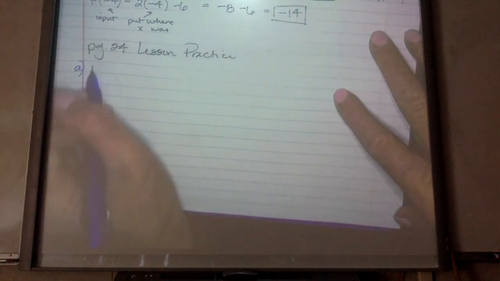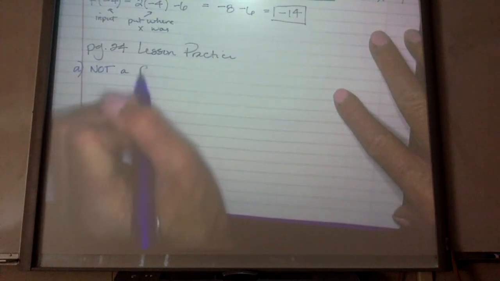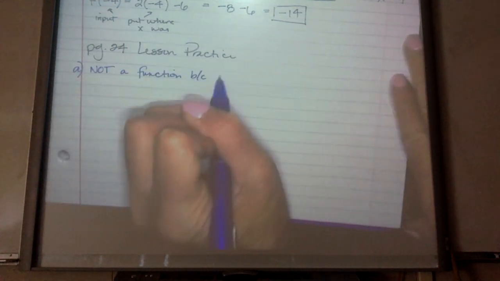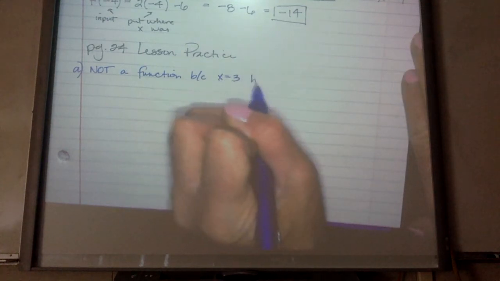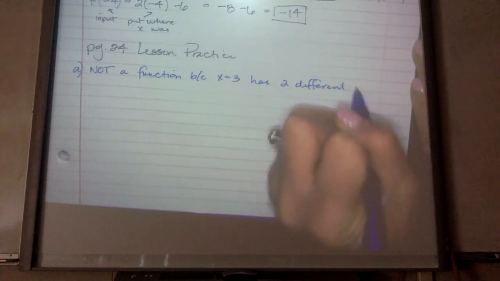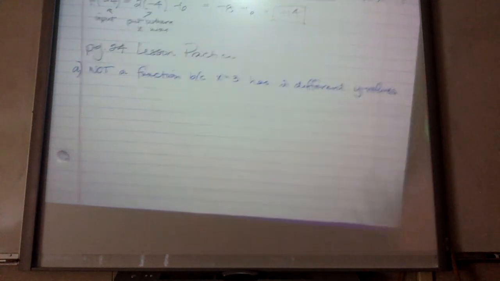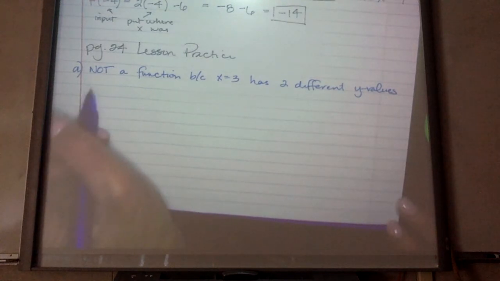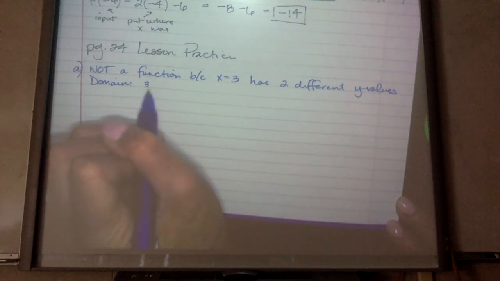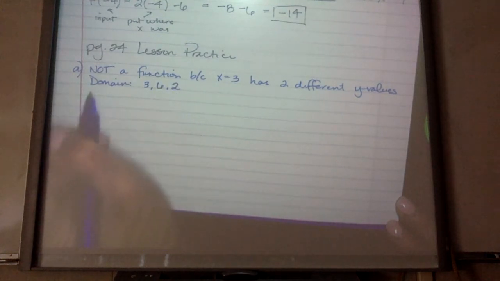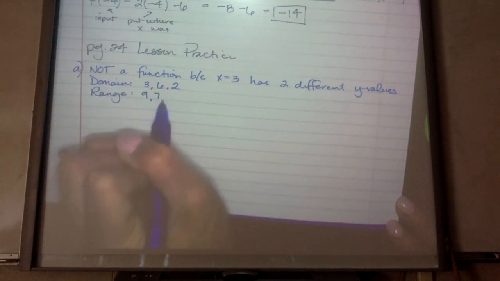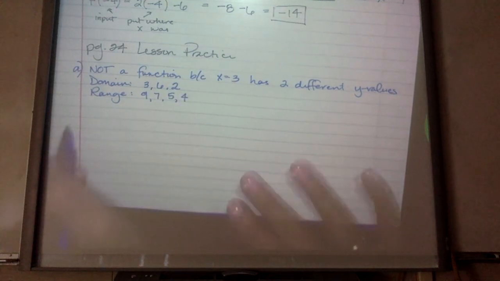Part A is not a function because x equals 3 has 2 different y values. Okay, so I wrote that all out. My domain is, I'm going to list all my values, 3, 6, and 2. And my range is 9, 7, 5, and 4.